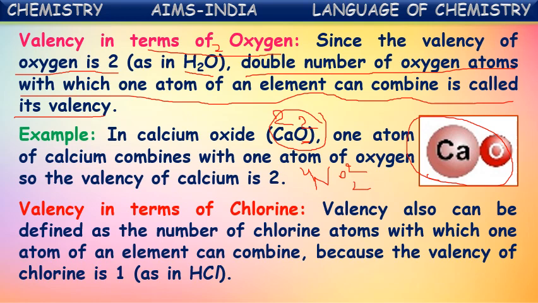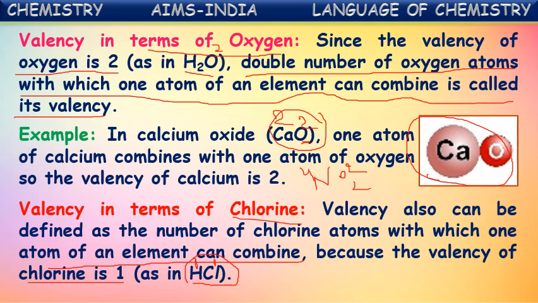We can define valency in terms of chlorine also: the number of chlorine atoms with which one atom of an element can combine, because the valency of chlorine is 1. For hydrochloric acid, or hydrogen chloride, the symbol is HCl. Hydrogen's valency is 1 and chlorine's valency is 1.